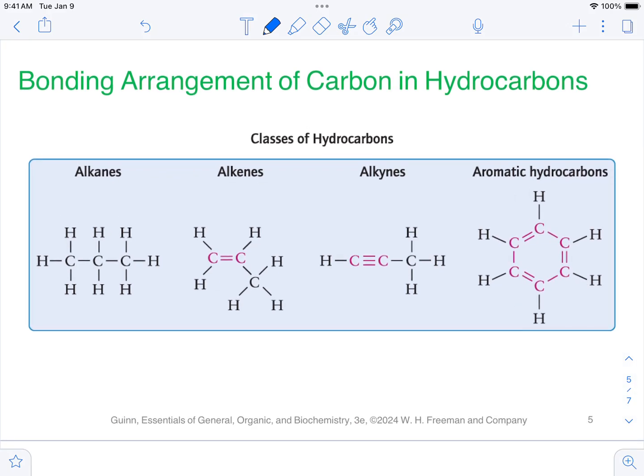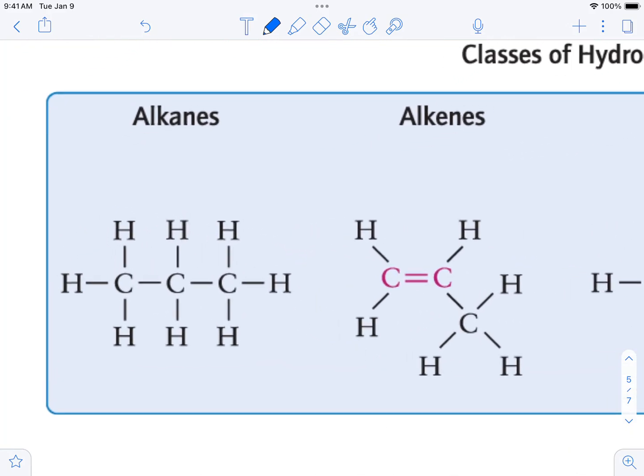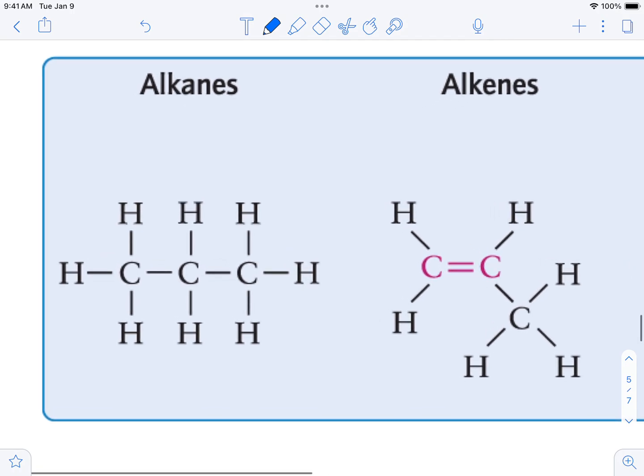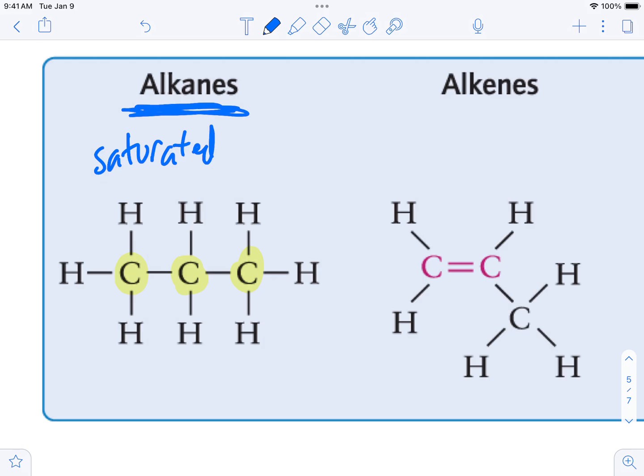Looking a little bit closer at them, notice for alkanes, each carbon is surrounded by 4 bonds. In this case, there are 4 single bonds around each of the carbons. That's why it is an alkane. We say that these carbons are saturated. These are saturated carbons.